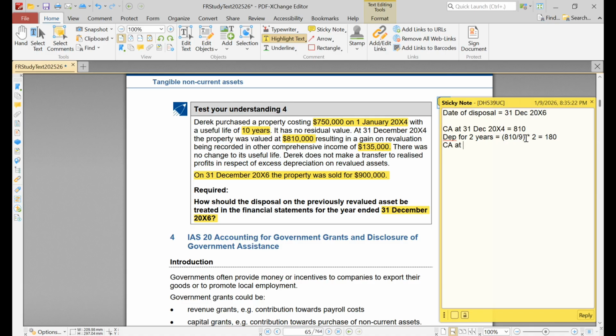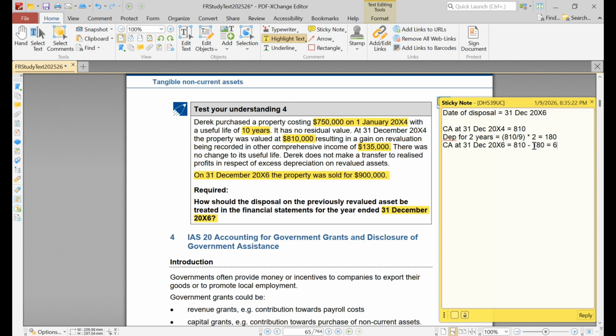So carrying amount at 31st December 20x6 would be 810 minus, sorry, this is not 810, this is 900. Property was valued at 8, oh no, this is 810. It would be 810 minus 180.